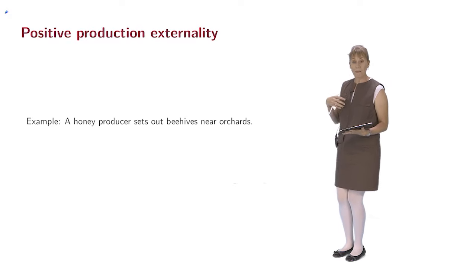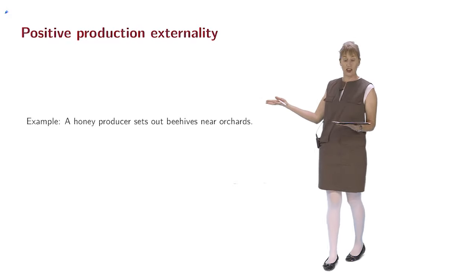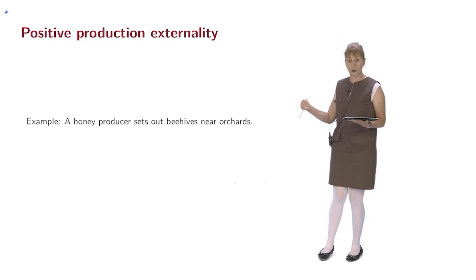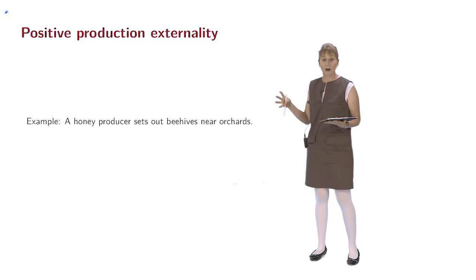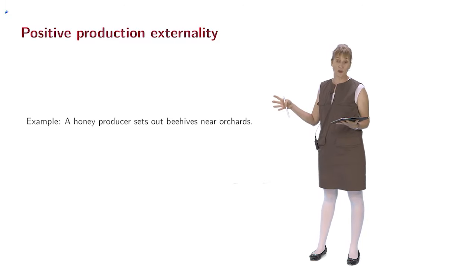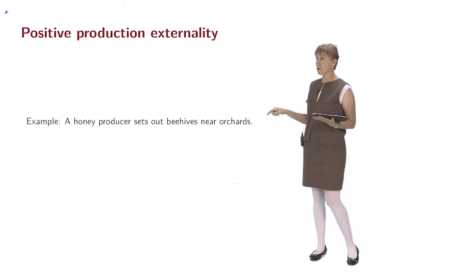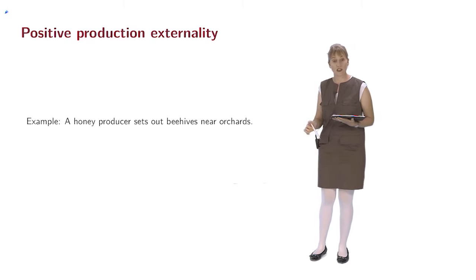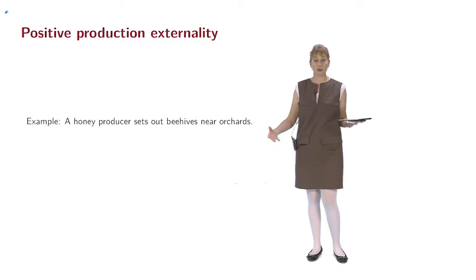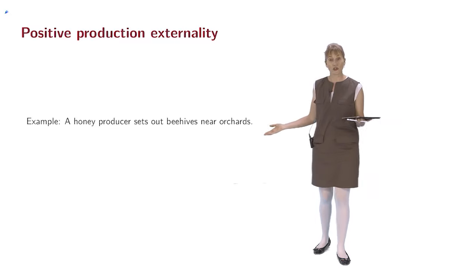Now let's talk about a positive production externality. Now we're going to the producer side, where we're going to be altering marginal social cost relative to private cost. An example of a positive production externality: let's say a honey producer sets out beehives near orchards.